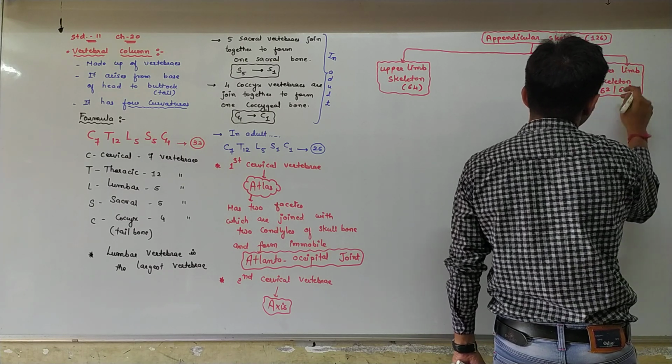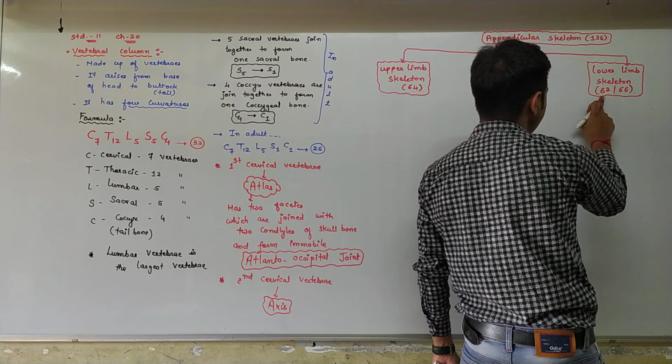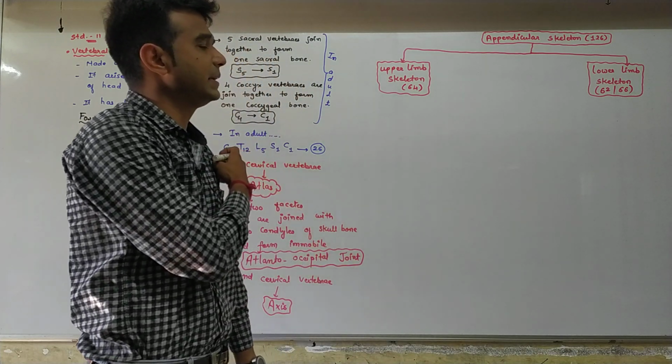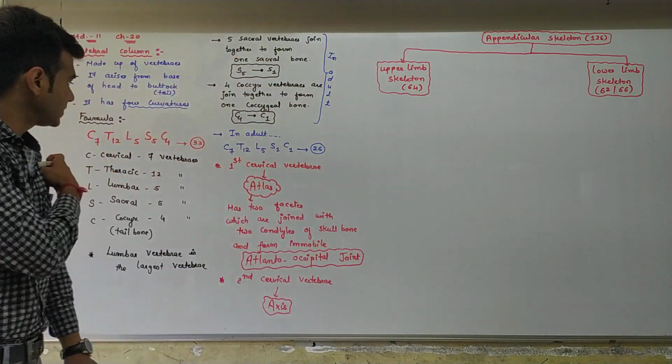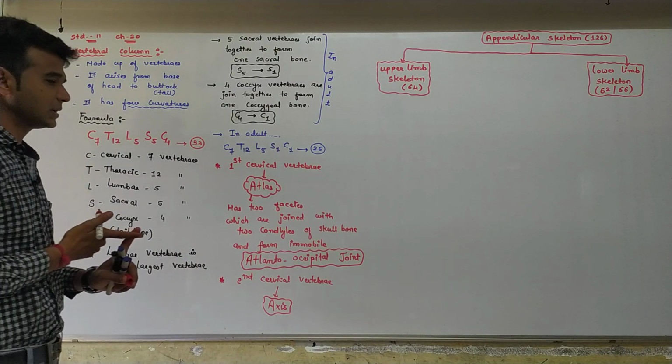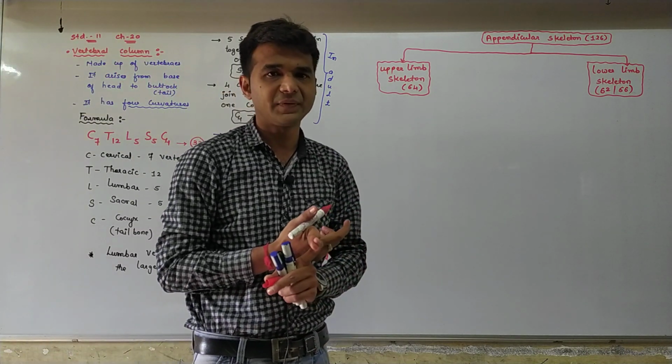So first of all I will tell you the 66 bones here and it becomes 62. So a 4 bones difference is there in the lower limb skeleton. A 7 bone difference is there in the vertebral column. In this way, an 11 bones difference is there.